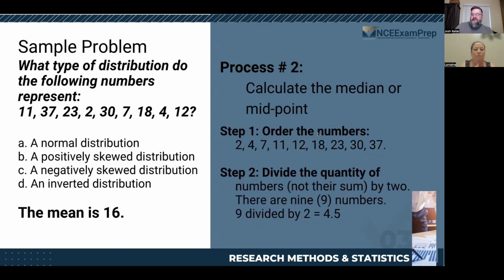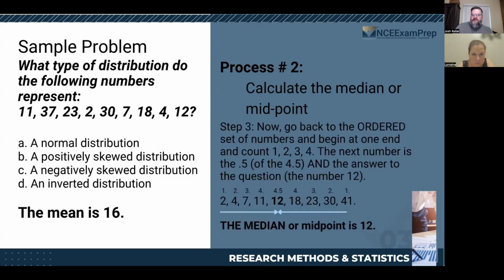And then we need to calculate the median, which means we have to order the numbers. So we put them all in order. 2 is the lowest number, 37 is the highest number. And then we're going to find the middle number by dividing the total numbers by 2. That gives us 4.5. And so the middle number right at 4.5 would be 12. So the median or midpoint is 12.